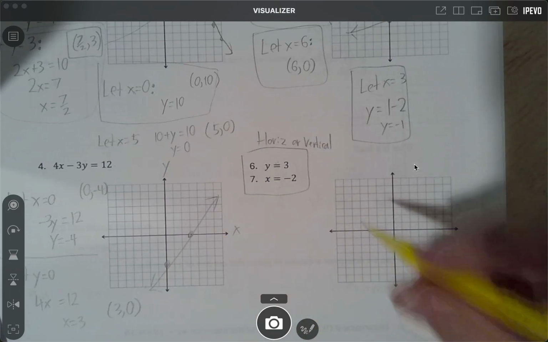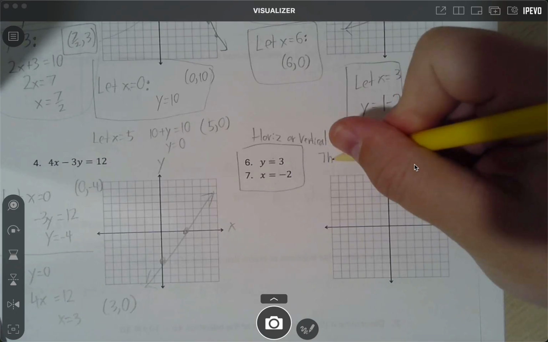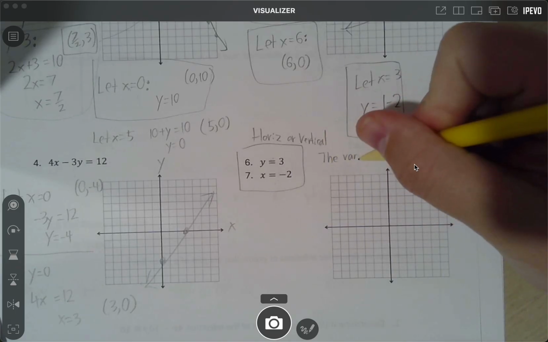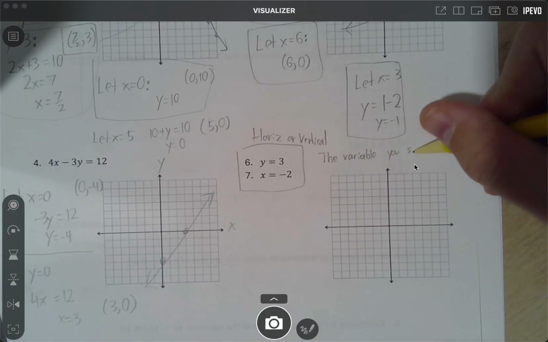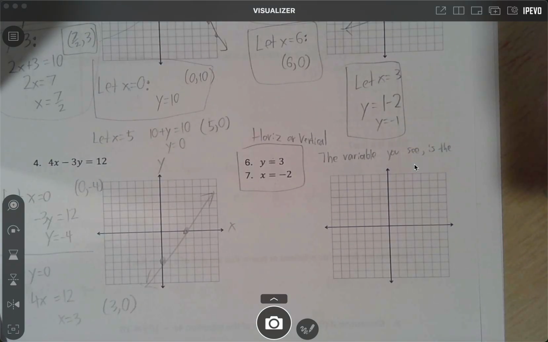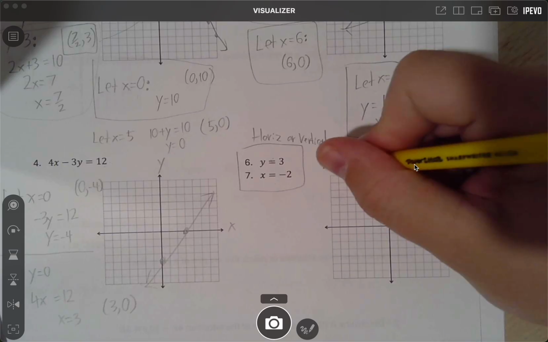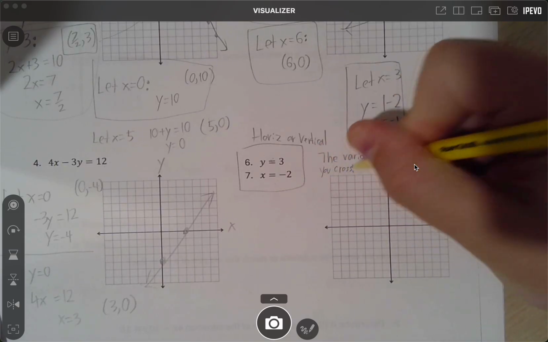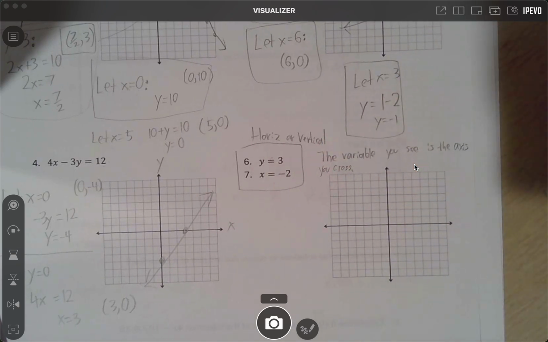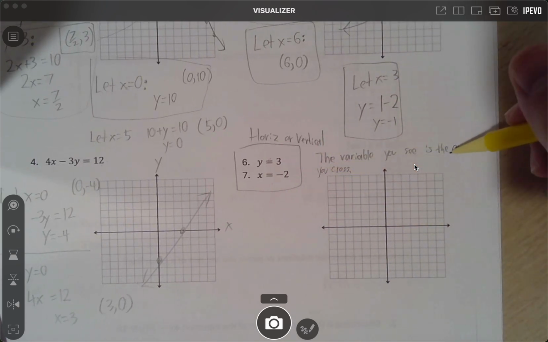My key, or my trick for you here, my little phrase is, the variable you see is the axis you cross. All right, so it's super easy to graph these once you memorize this fun little sentence.